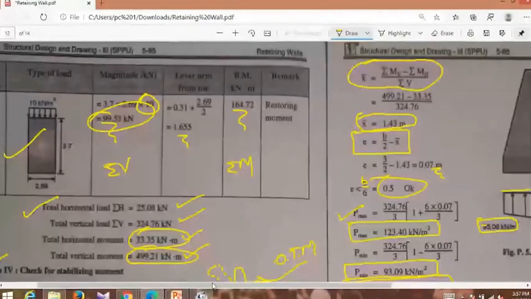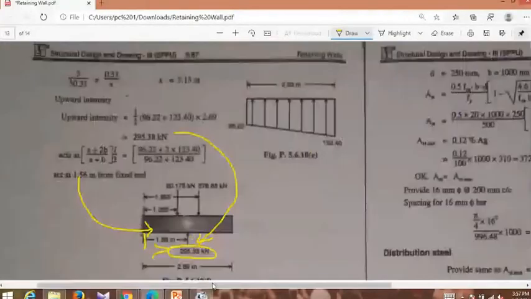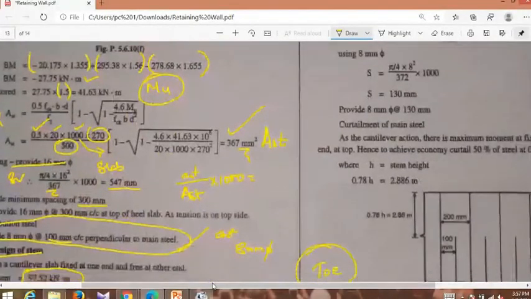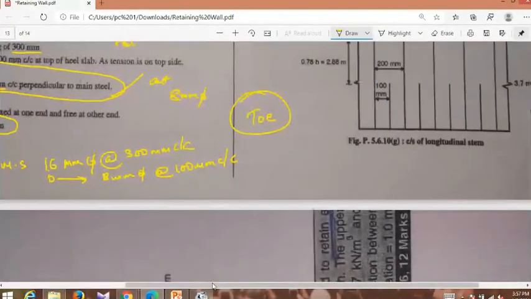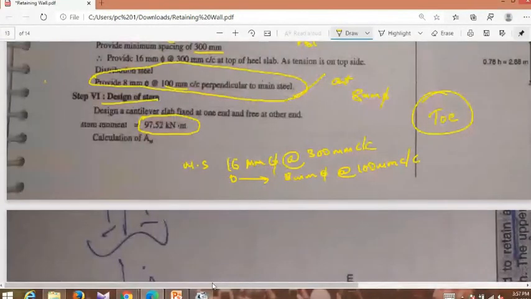This stem, 97.52 factored bending moment. We have got the factored bending moment, that is Mu.